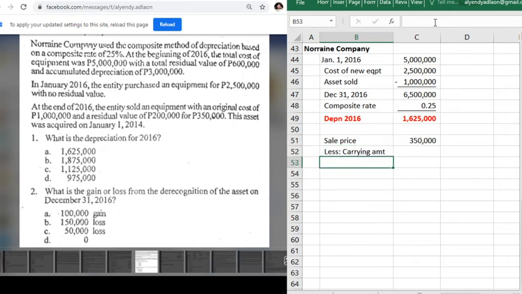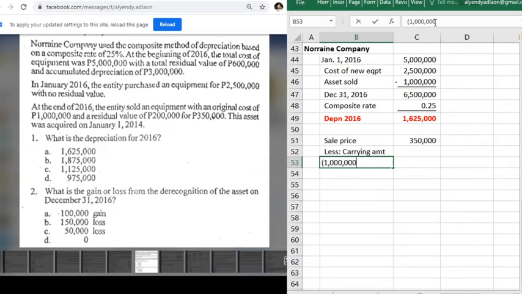Since the asset was purchased for 1 million pesos, and then there is a residual value of 200,000, and then it was acquired on January 1, 2014. So, how many years since the asset was purchased?